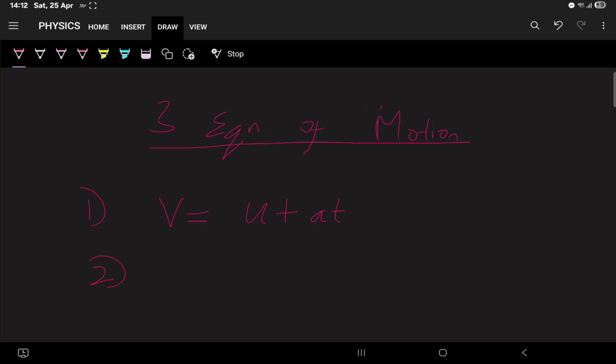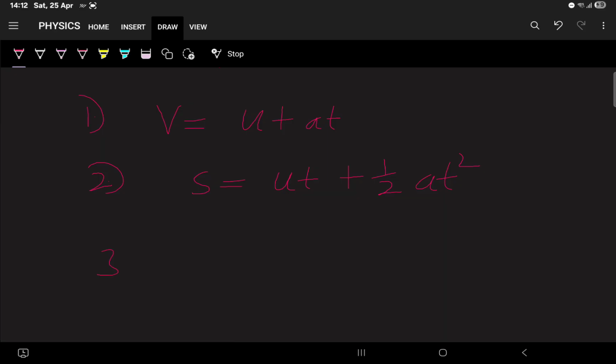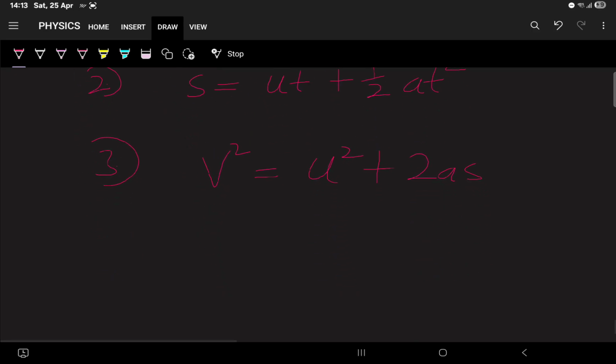The second equation of motion, s is equal to ut plus 1 over 2 at squared. Our third equation of motion is v squared is equal to u squared plus 2as.